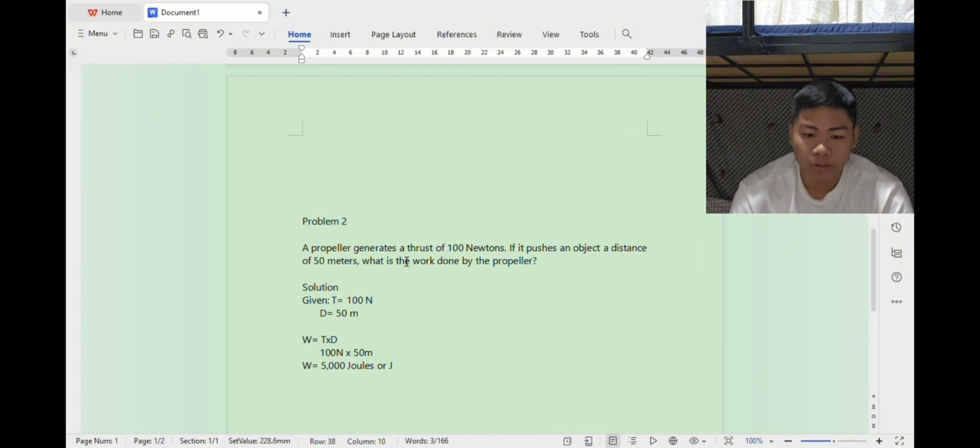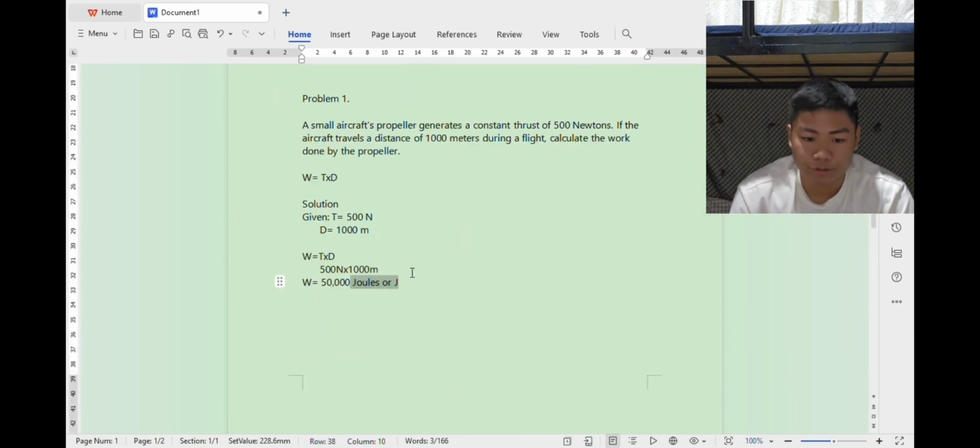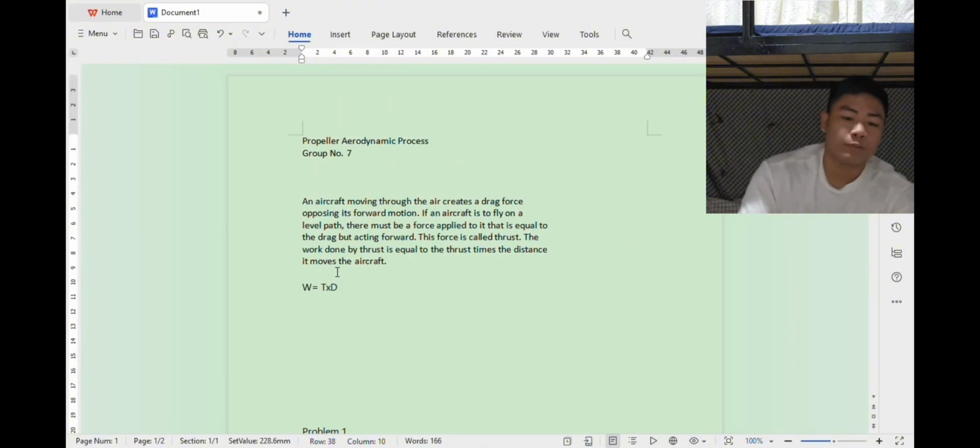If an object is staying and a force is applied to it, there is work done on that object, and this work results in a change of the object's energy. That's why we use joules. So that's it for my part.